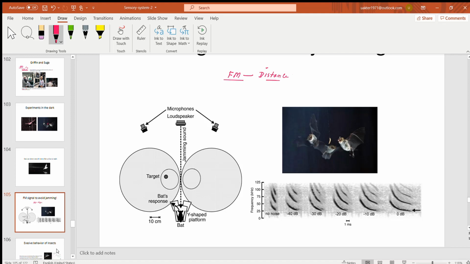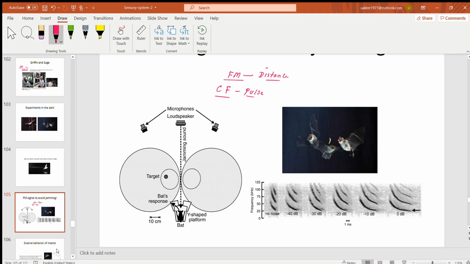However, most of the information, like the velocity or the texture or the size, is mainly processed by the CF pulse. So the CF pulse is very helpful to hunt in vegetation where you have a lot of static backgrounds, when the prey is flying.